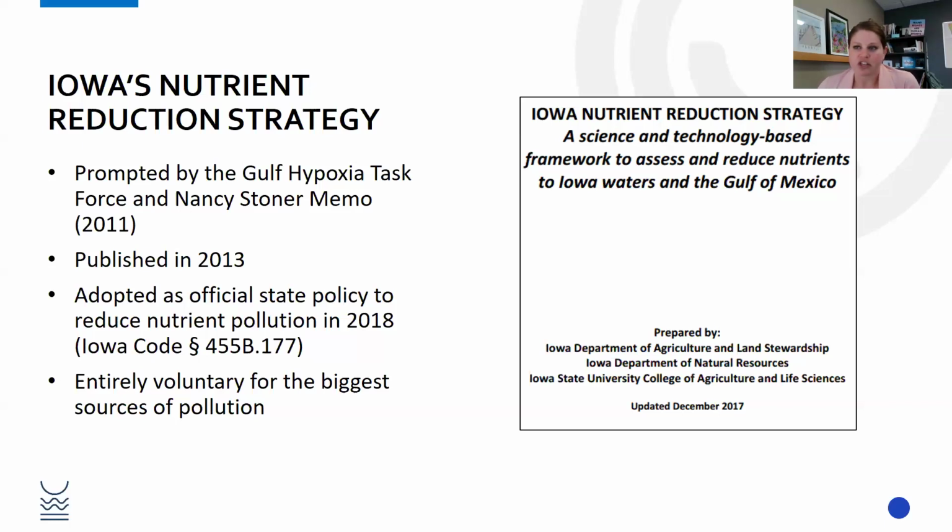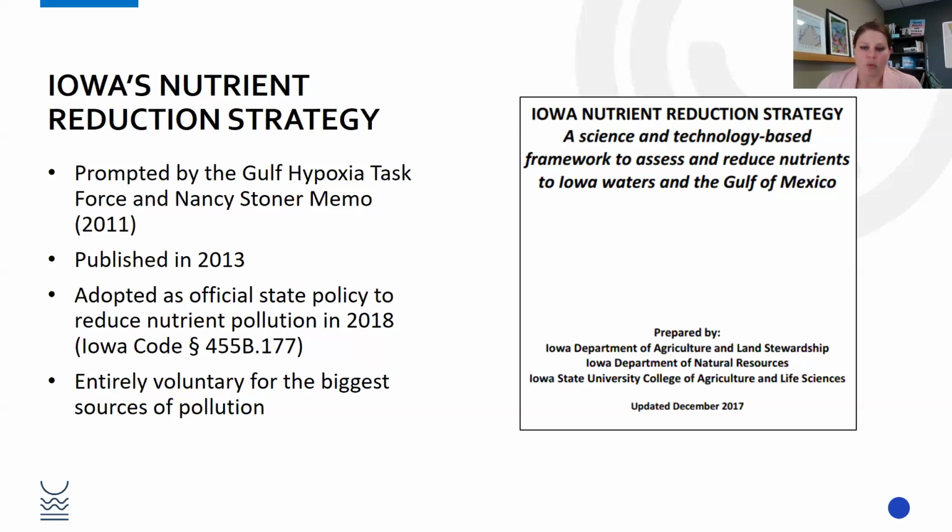Unfortunately, this strategy relies on entirely voluntary compliance for the non-point source side of things. So the agricultural pollution, the approach is all voluntary, putting in conservation practices that are going to help reduce pollution from those sources.